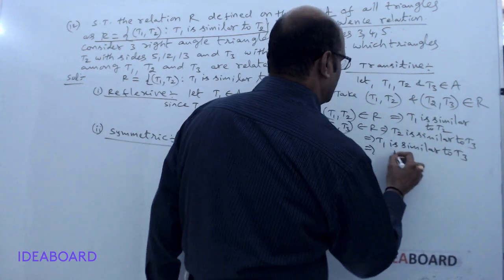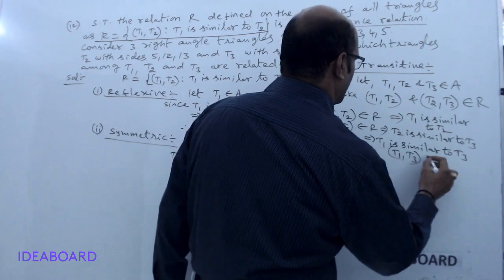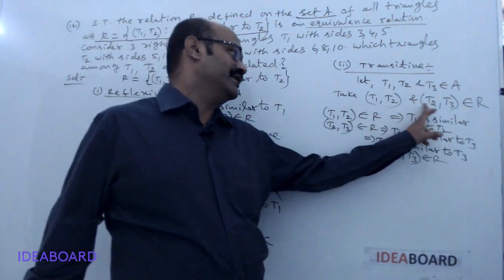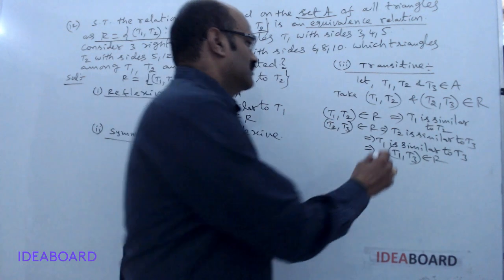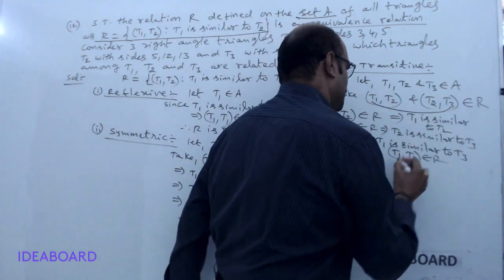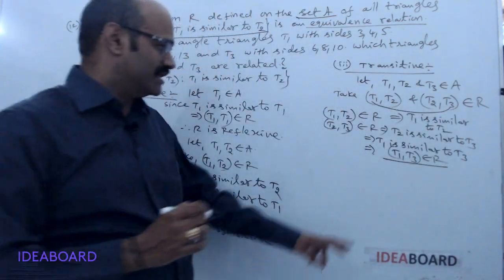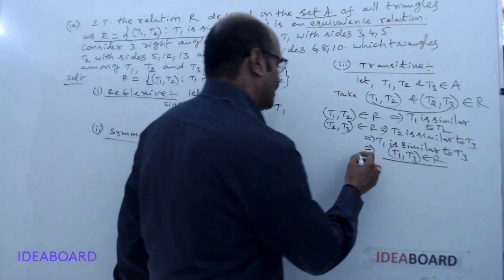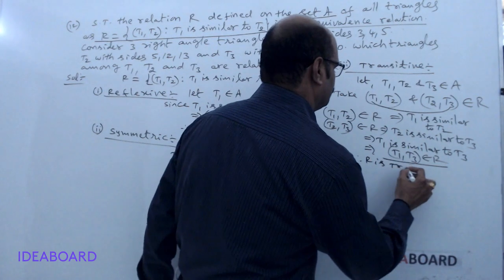It implies (T1, T3) belongs to R. Since (T1, T2) and (T2, T3) belong to R implies (T1, T3) belongs to R, we say that R is transitive.